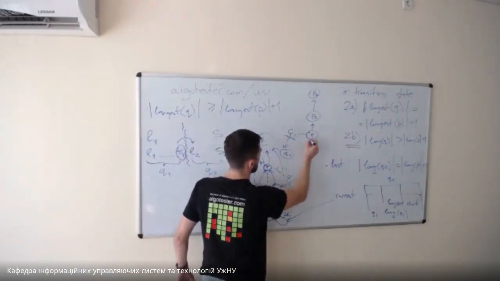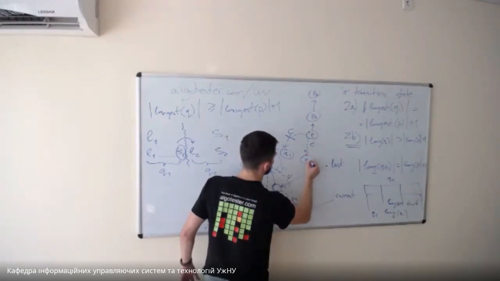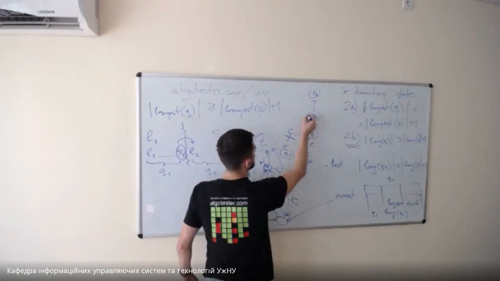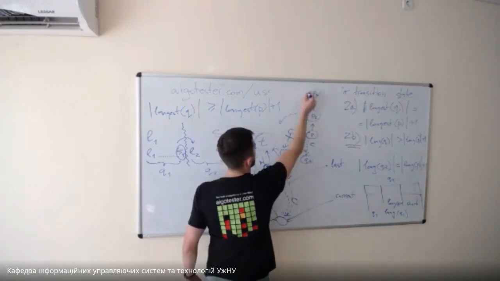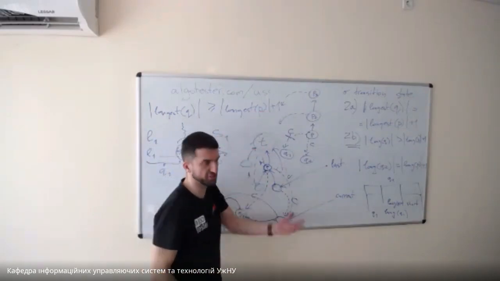Instead of this, we have to make it to Q2. And the same for here, and here, and so on, until such a transition exists.